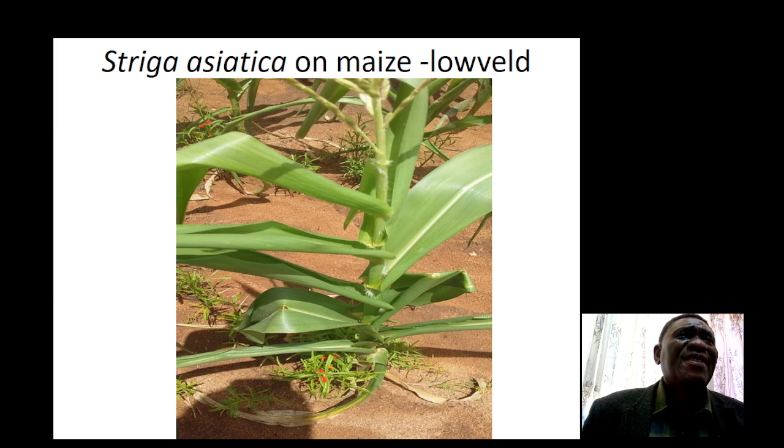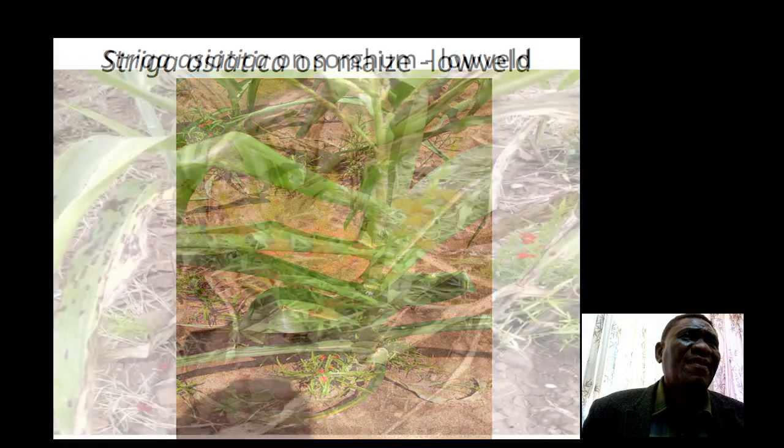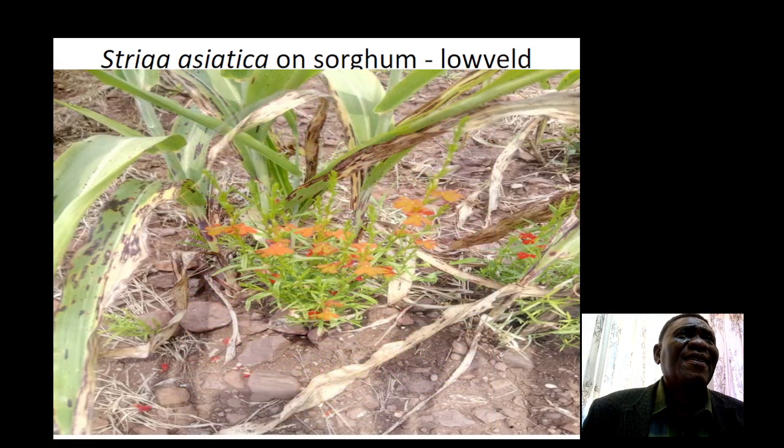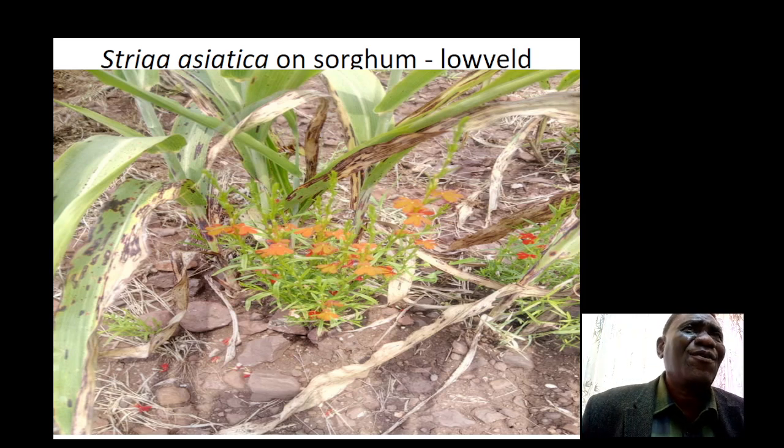Striga asiatica on maize in the low veld. Striga asiatica on sorghum. Again, this is in the low veld. This is the red flowered plant at the base of this sorghum.